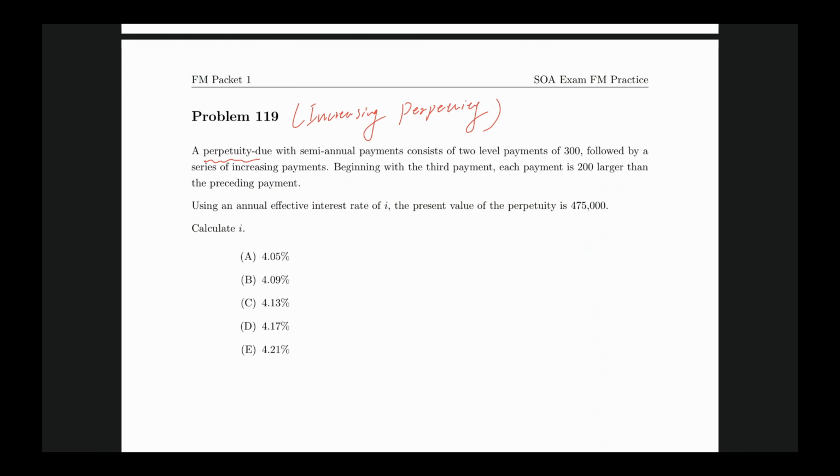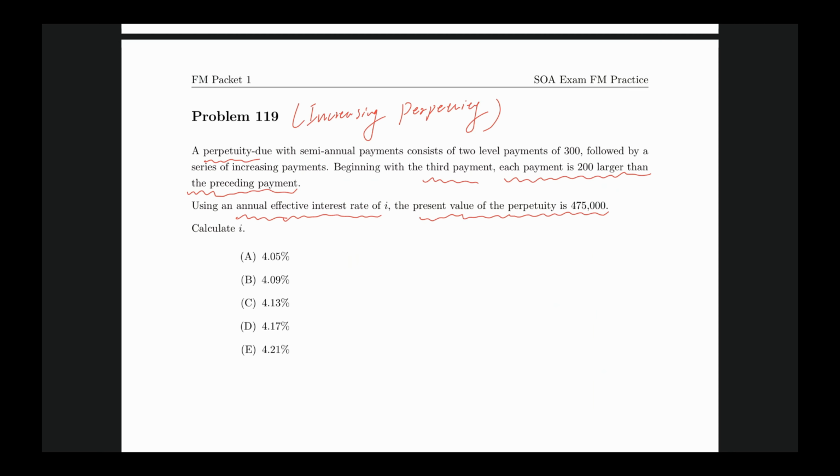Each payment is 200 larger than the preceding payment right after the third payment. And the perpetuity means that the payments go on forever. So the present value is given for this annuity, and we just need to find the effective rate of interest, i, annually.